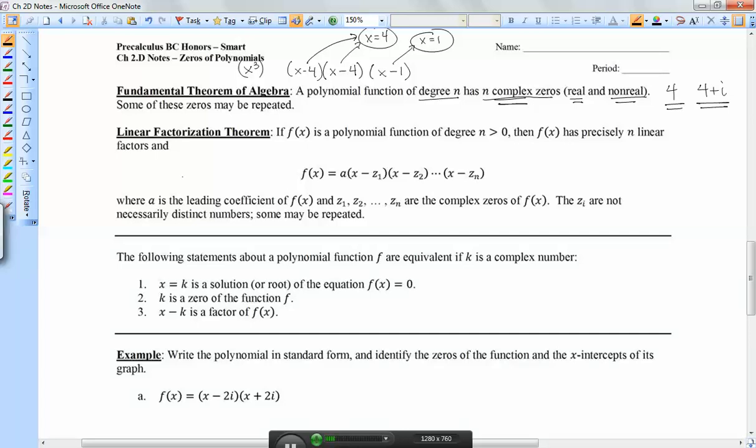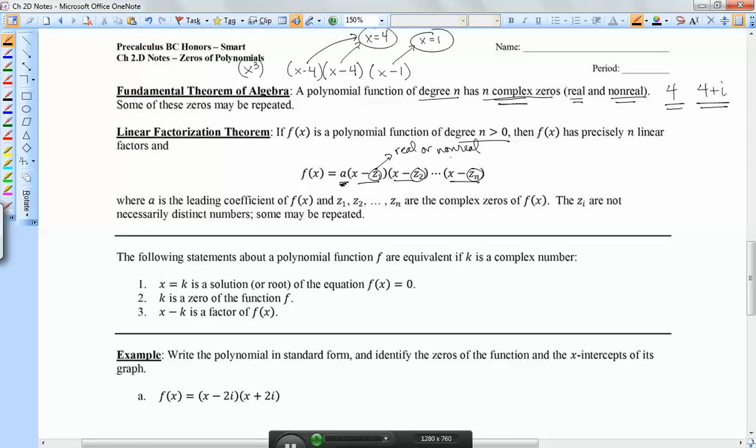And then the linear factorization theorem down here says if you have a polynomial with degree bigger than 0, then the polynomial has n linear factors. So you can basically break it up: you throw the leading coefficient in front, and then you break it all up into terms like x minus some number, x minus some other number, x minus some other number. These might be real, or they might be non-real.